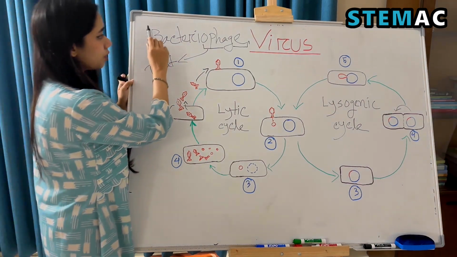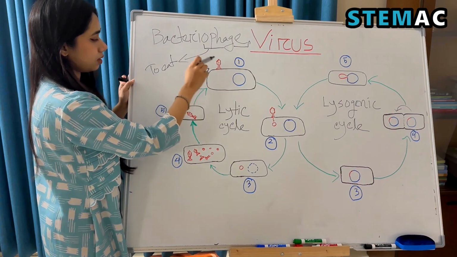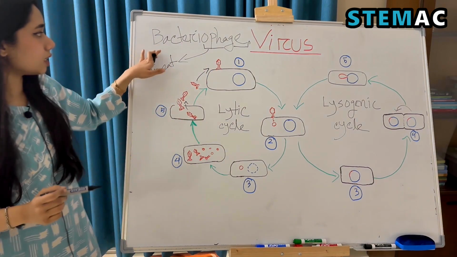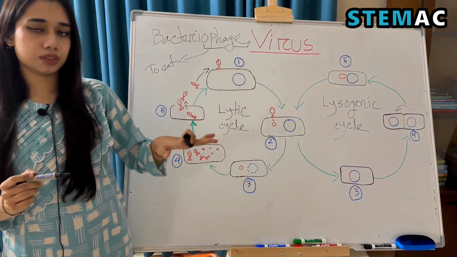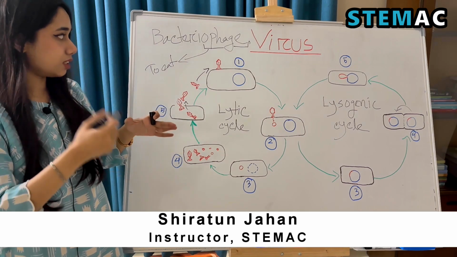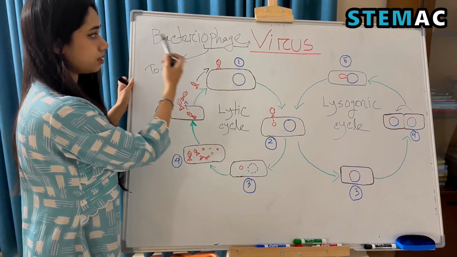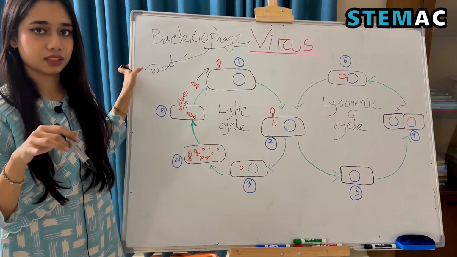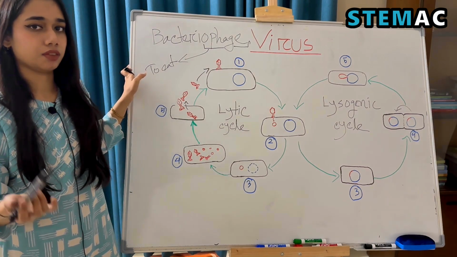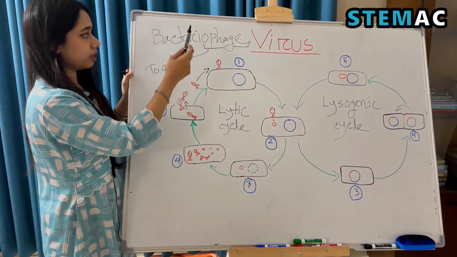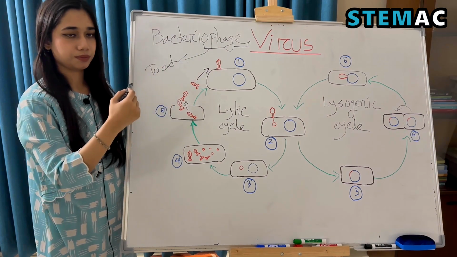And a bacteriophage is a virus that uses bacteria as a host cell, attaches itself to the bacteria, inserts its genetic material inside of that host bacteria and replicates itself. And therefore, that virus is called a bacteriophage.